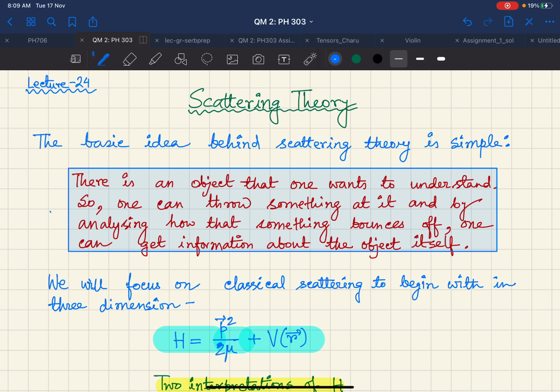So these kinds of objects you cannot see, but what you can do is that you can throw something at a heavy nucleus, and then the information that you get out of that experiment would be useful to study the structure of a nucleus. For example, it is through scattering experiments that one can learn the hydrogen atom consists of a nucleus and an electron going around it.